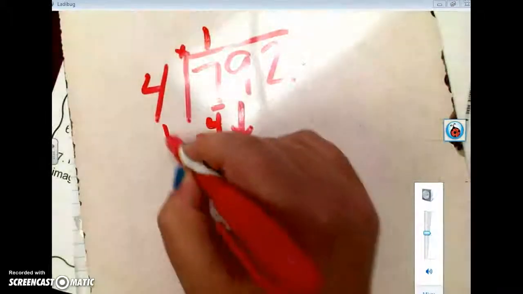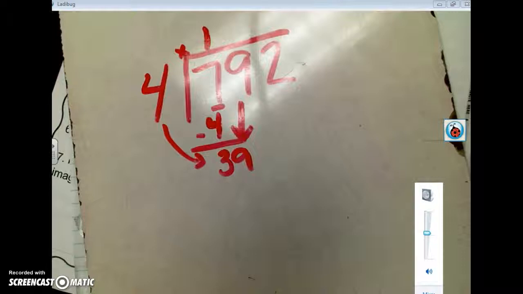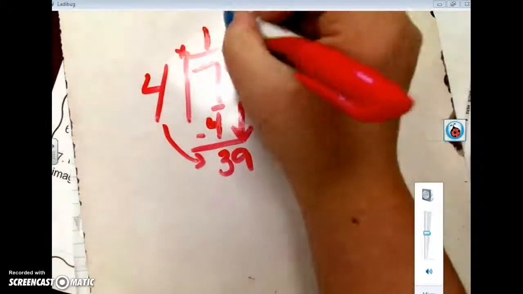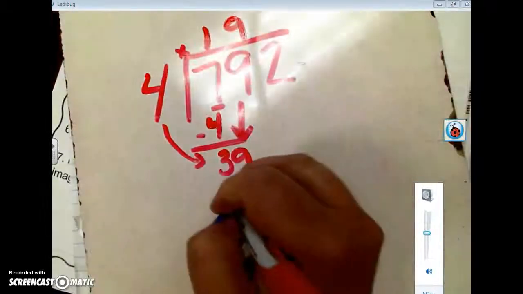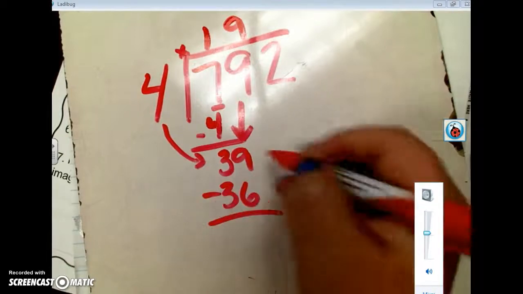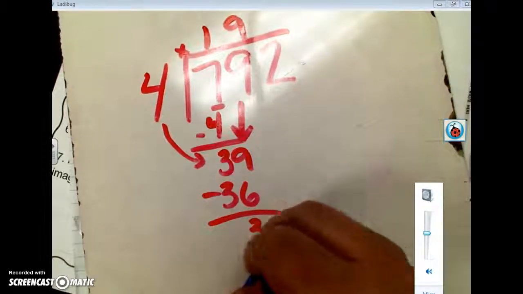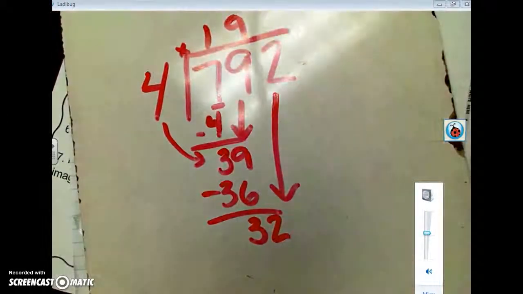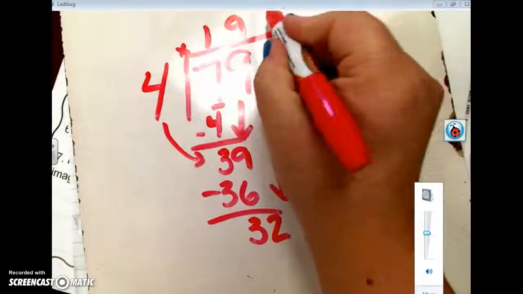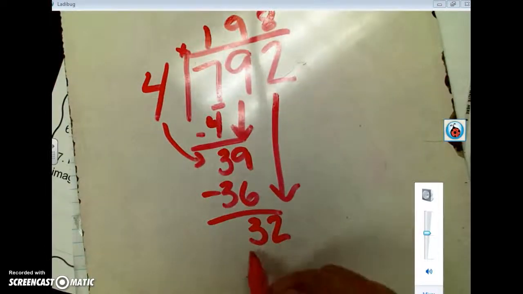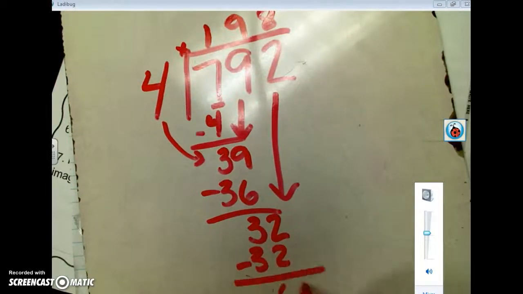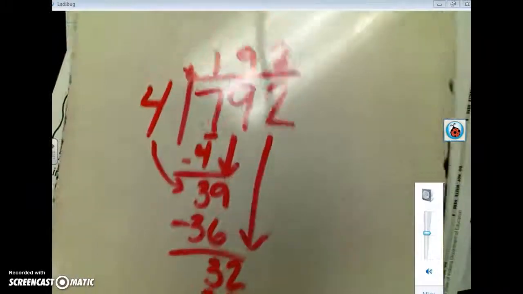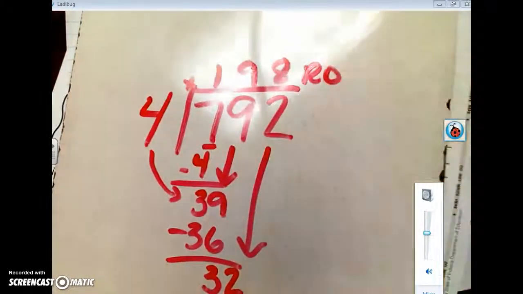How many times does 4 go into 39? 9 times 4 is? 36. Subtract. 9 minus 6 is? Bring down my 2. How many times does 4 go into 32? 8 times 4 is? My remainder is? Do I have to write R0 up here?